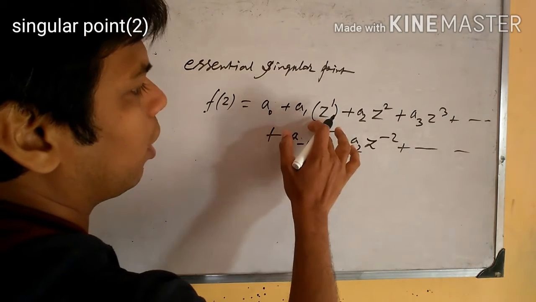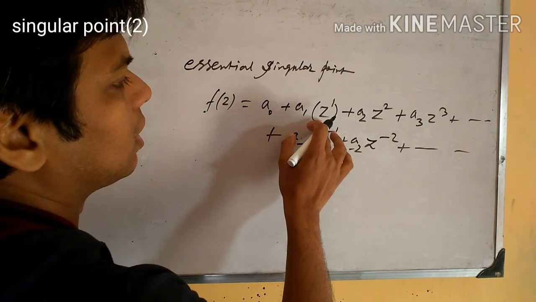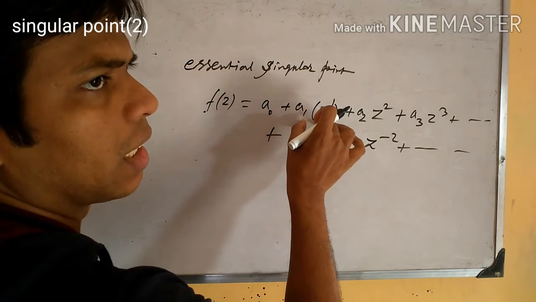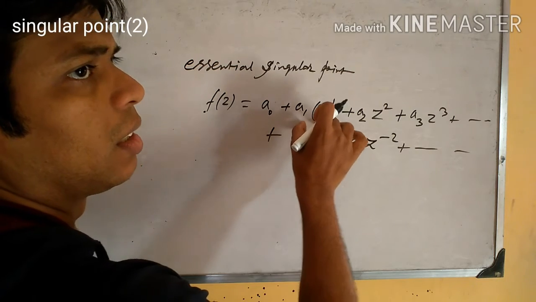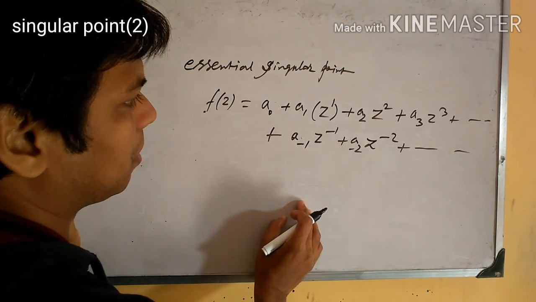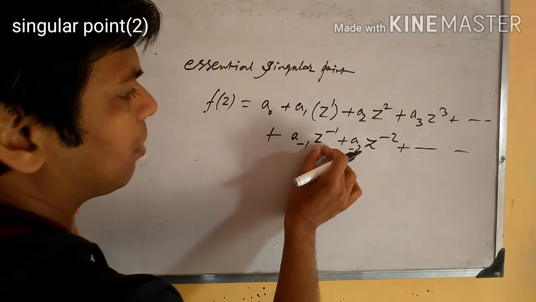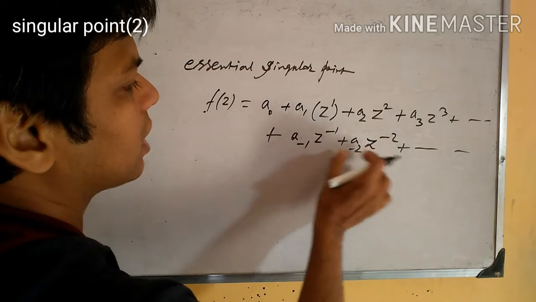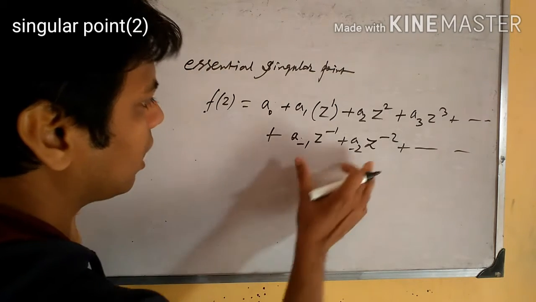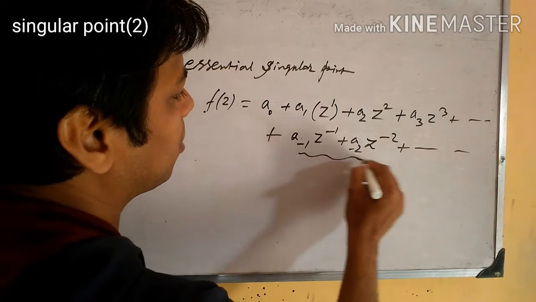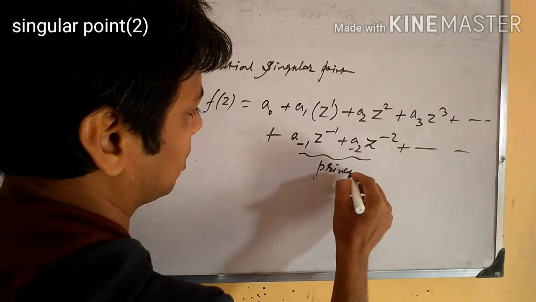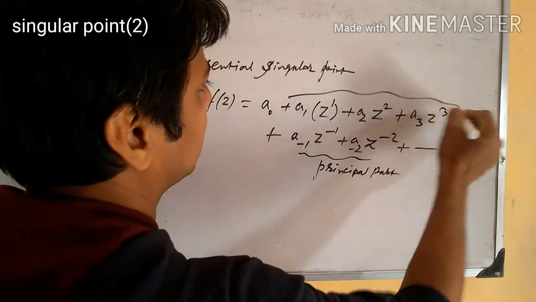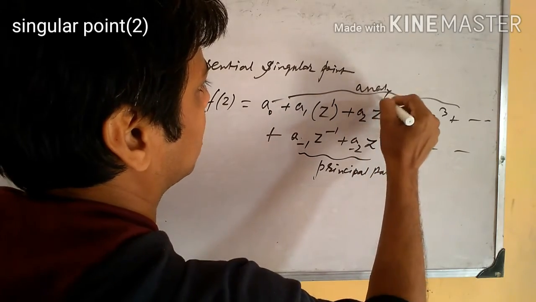Here the terms where z, or its powers, exist as a denominator are the principal part, and this is the analytic part.